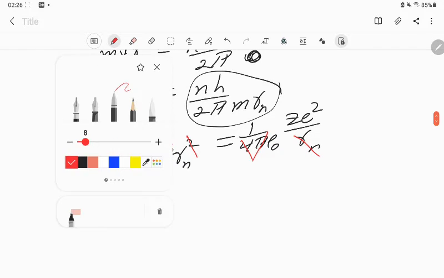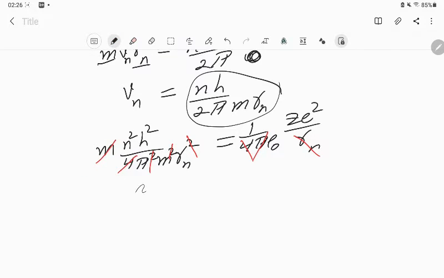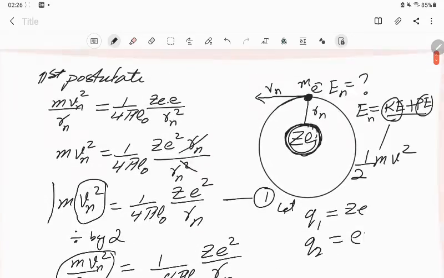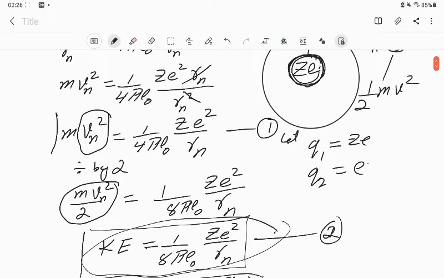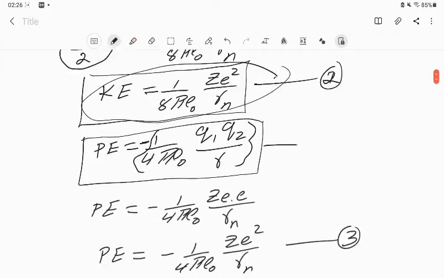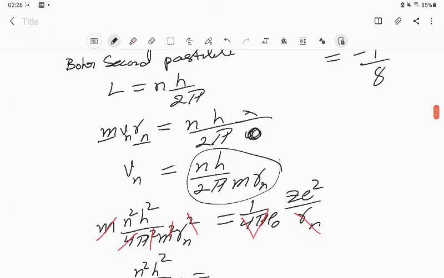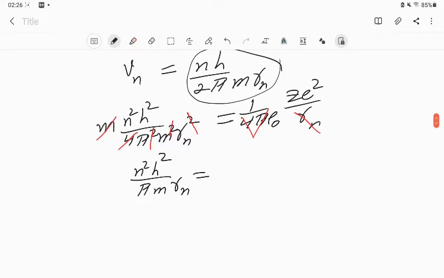So we have n squared h squared by pi m r_n equal to, okay, what is v_n? Where is v_n, and h by 2 pi.